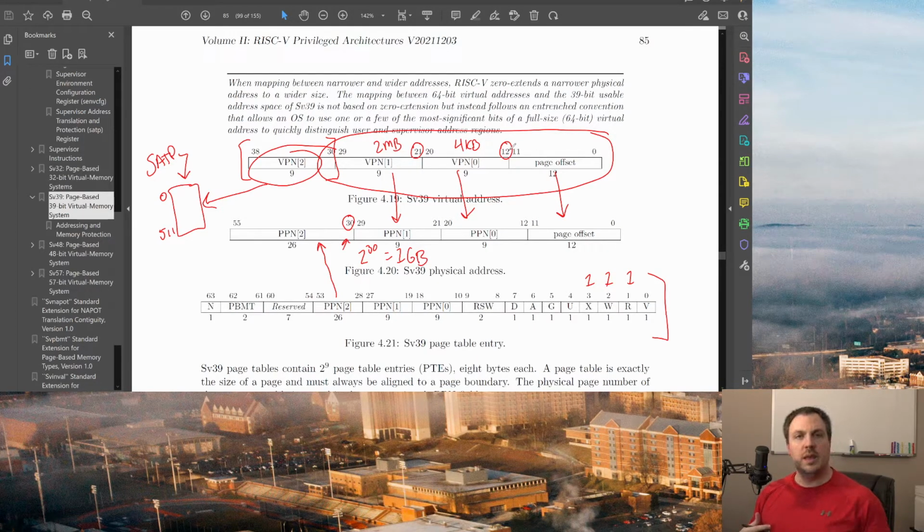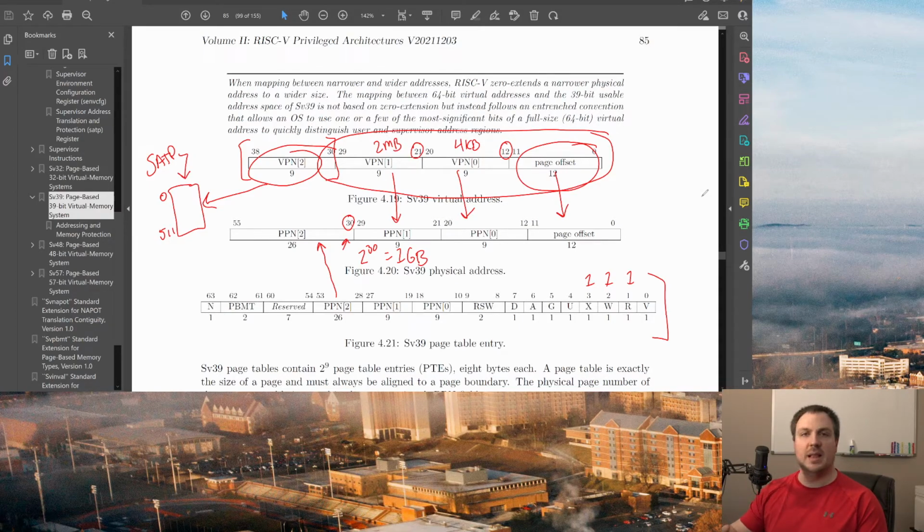So the page table level, if we have a leaf at that level, determines how much information is coming from the physical address versus how much information is coming from the virtual address. We always have at least 12 bits coming through there. Now, we might have more depending if we have a leaf at level 2 or level 1. If we have a leaf at level 2, we're going to have 30 bits copied directly from the virtual address.